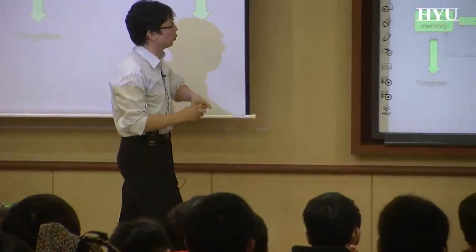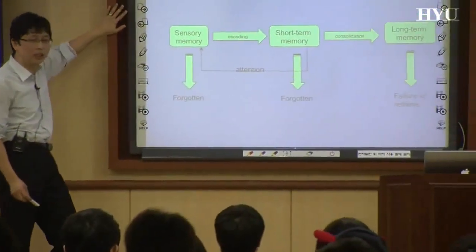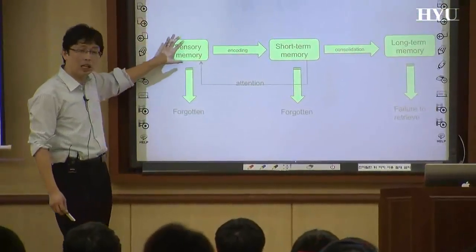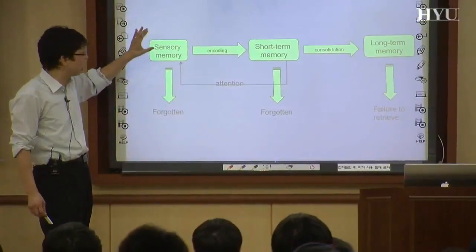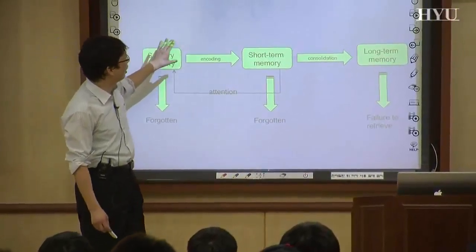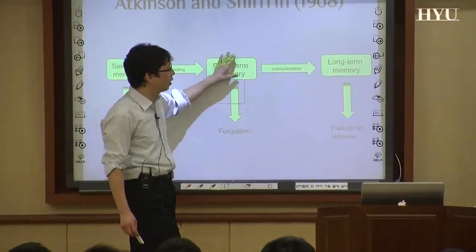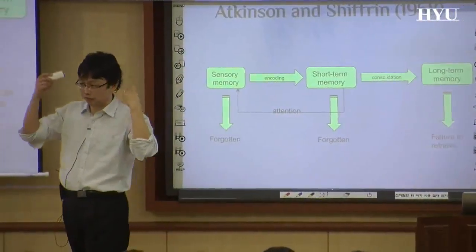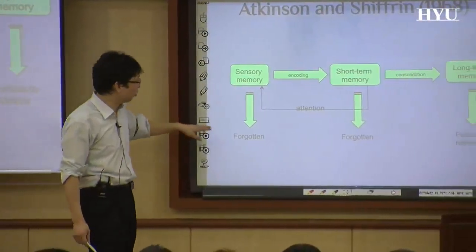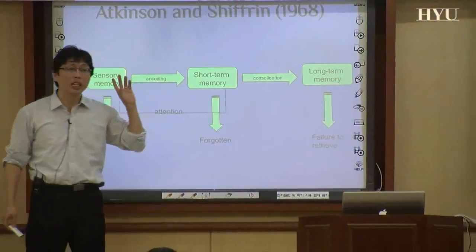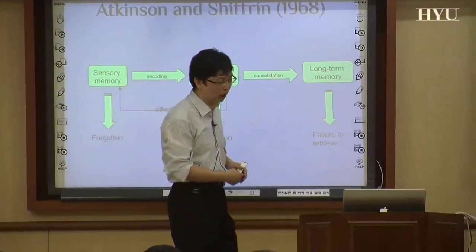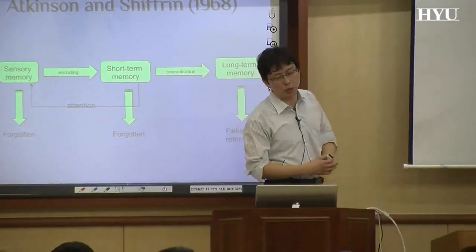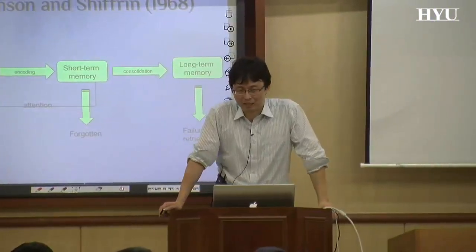When you have some kind of stimuli, we have eyes and ears, so they have a sensory memory, and then that is encoded in the short-term memory, and that is consolidated into long-term memory when you rehearse it. And of course we have forgetting. This is the model proposed by Atkinson and Shiffrin in 1968.